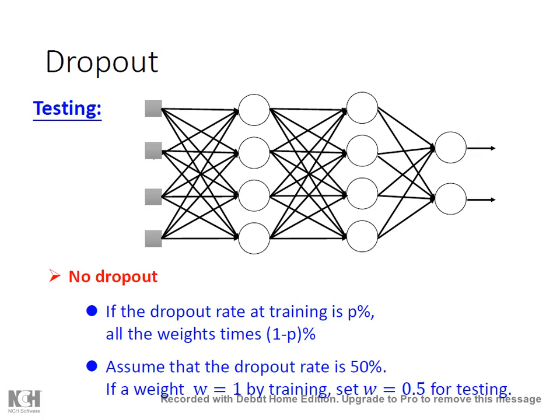So if the weight W is 1 on this line, we should multiply it by 1 minus 50% to obtain your final weight for testing. So 0.5.